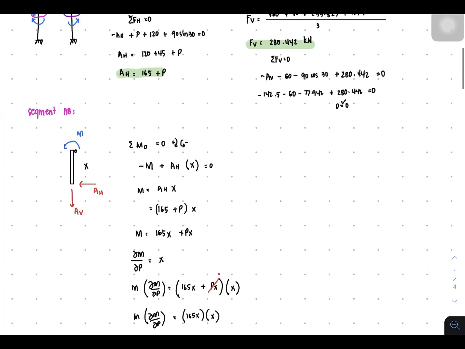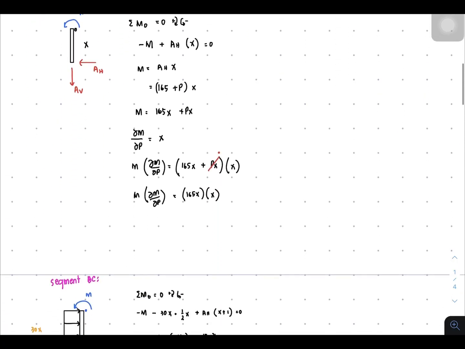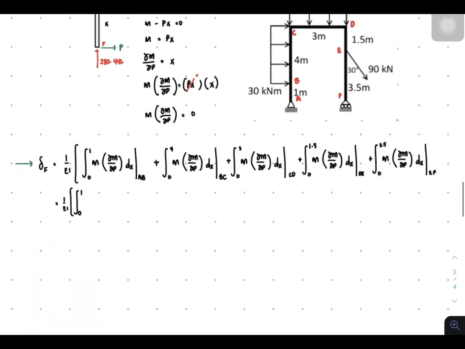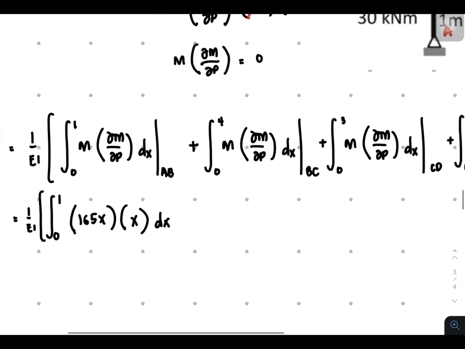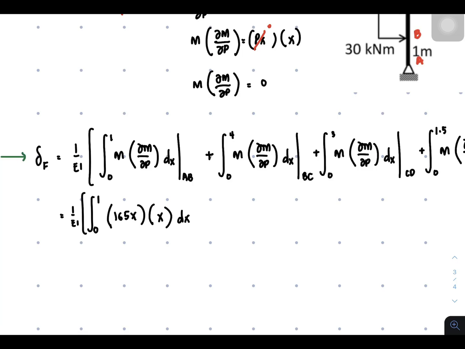The first integral is AB, this one, so let's copy that and paste it here. This is AB dx. Next, plus the next integral is from 0 to 4.